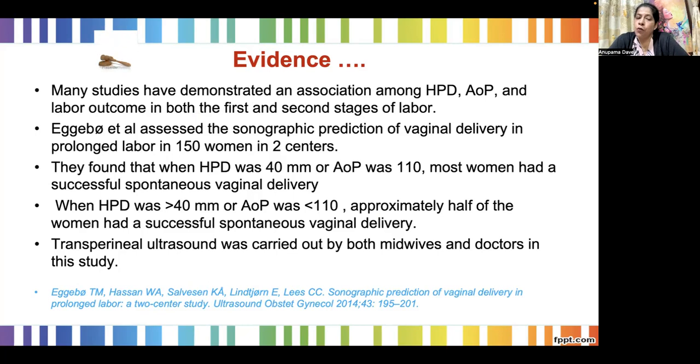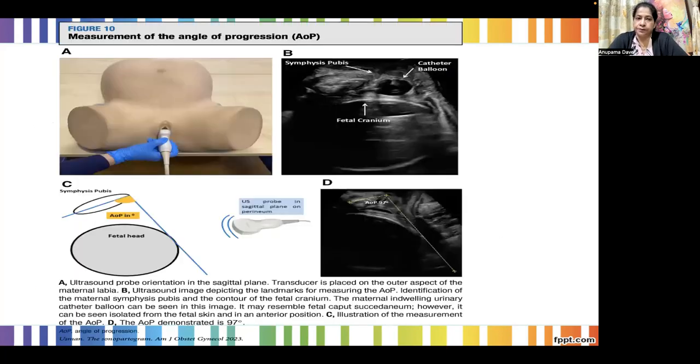But if head perineum distance was more than 40 mm or angle was less than 110, approximately half of the women had successful spontaneous vaginal delivery. So all did not deliver, only 50%. Transperineal ultrasound was carried out in their study by both midwives and doctors. So this is how you can measure the angle of progression.